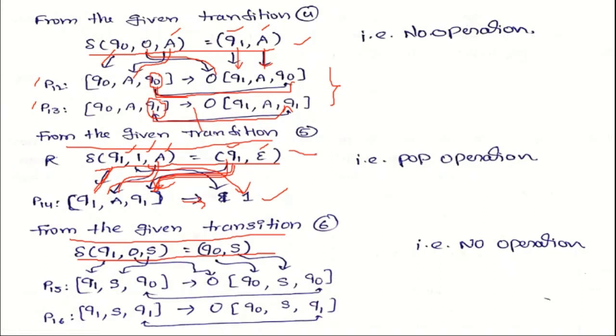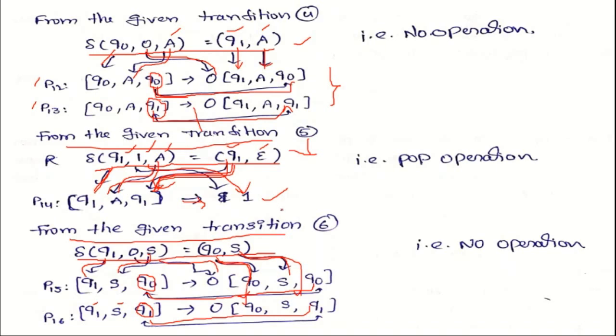So this q1 stays as it is, and the top of the stack is s, and for the next state we assume q0, then the input is 0, the next state is q0, the top of the stack is s, and this q0 will be carried to here. In the same way, the current state is the same q1, the top of the stack is s. Now we assume the next state is q1, so the input and the next state are carried as they are. This q0 is carried forward to here, this s is also forwarded to here as top of the stack, and this q1 can be forwarded to here. So these are the production rules.